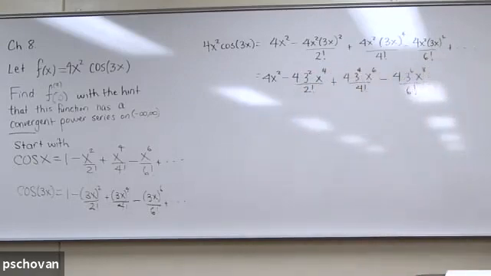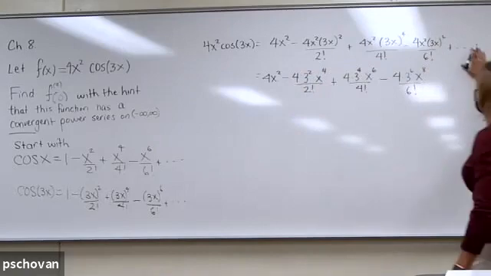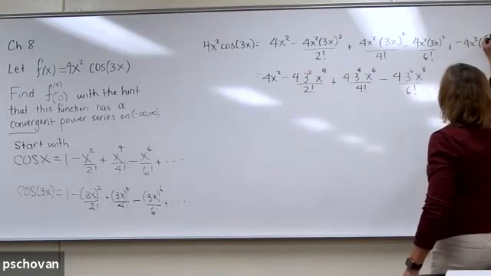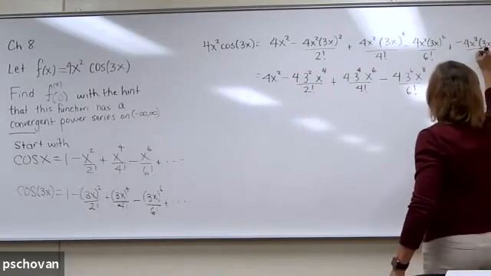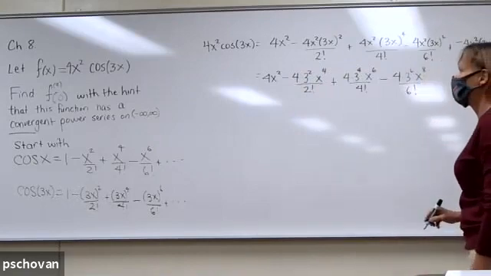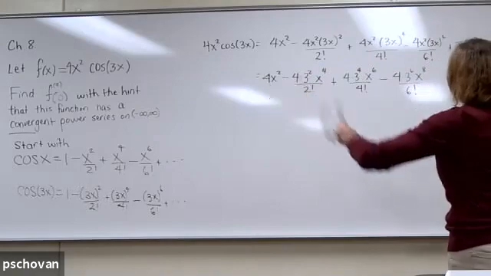I'm going to take 9 derivatives, so let's put another one on here. Let's have a negative 4x squared times 3x to the 8th over 8 factorial. Probably should make that the 10th derivative. I will.